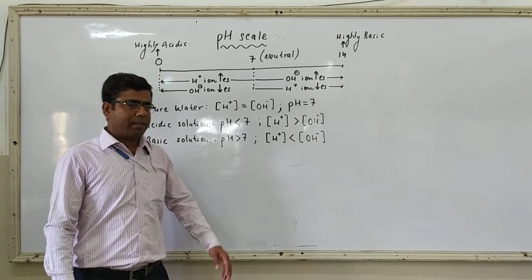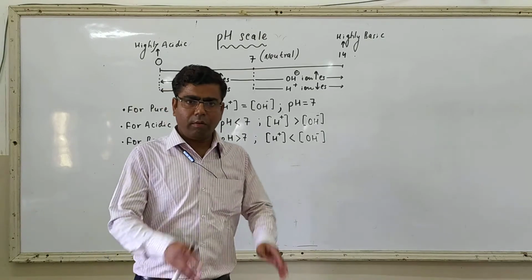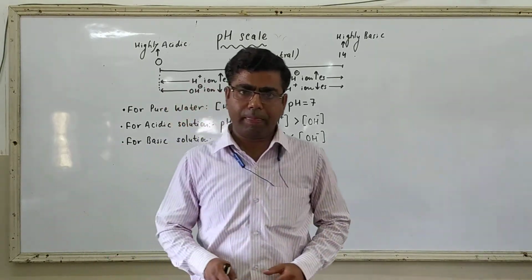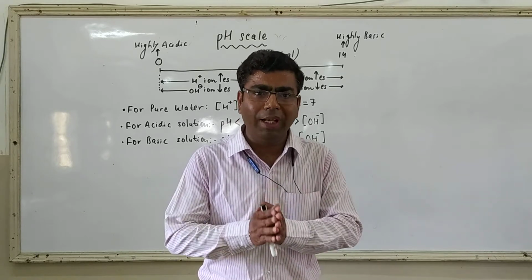Now, if we start moving from 7 to 0, means we are moving towards left, then the concentration of H plus ion will increase.